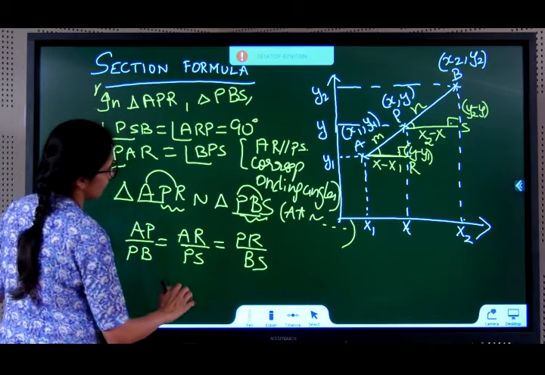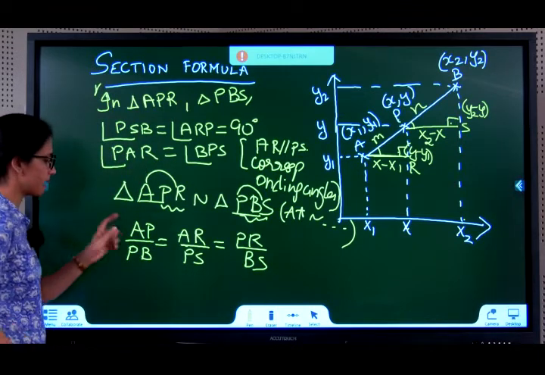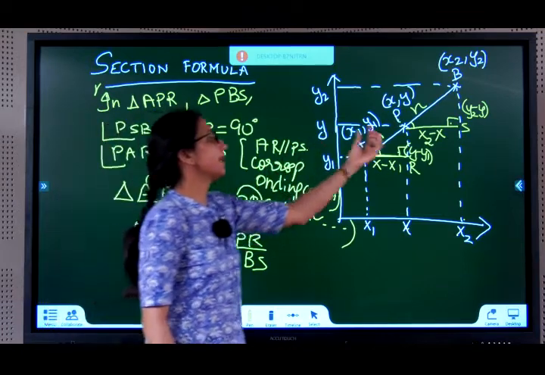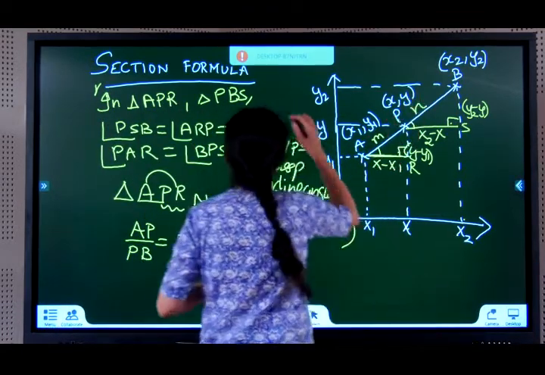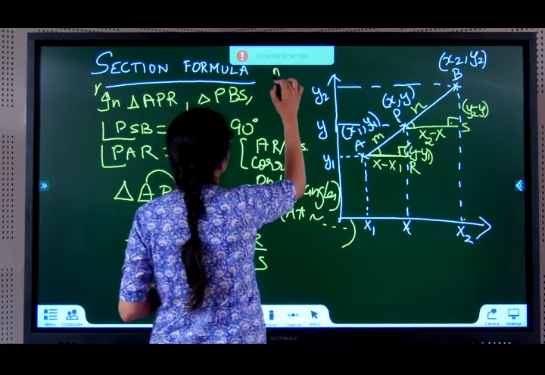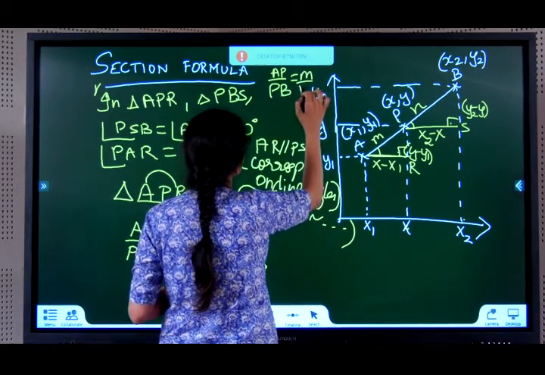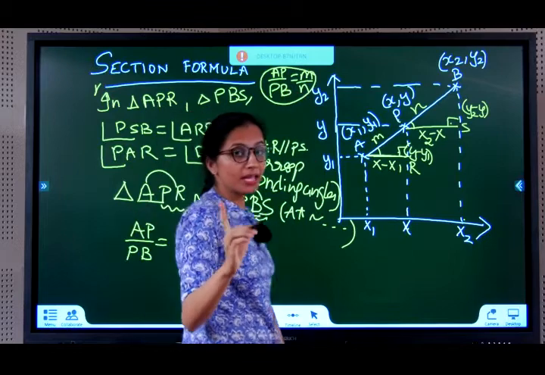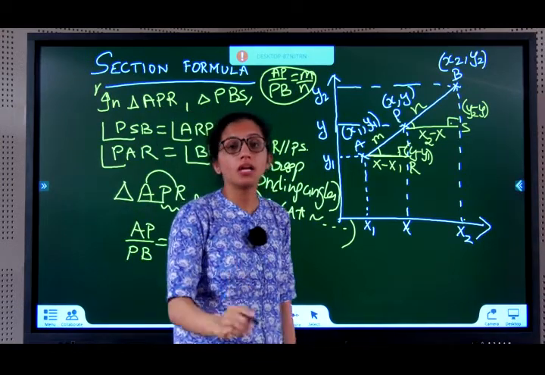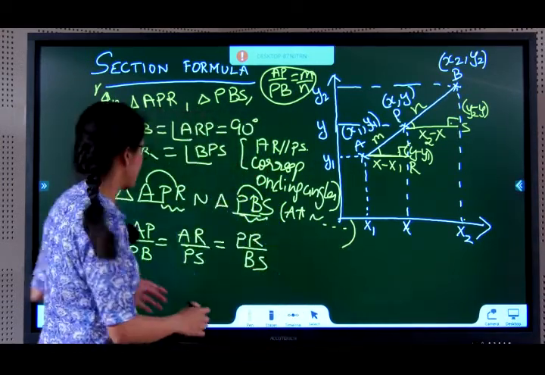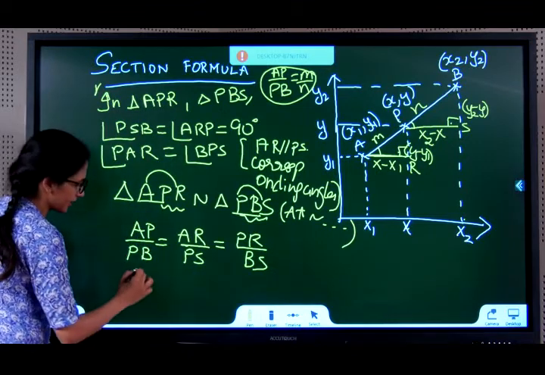Correct? Yes. AP by PB, P divides this in the ratio of m is to n. So we already know in the given condition AP by PB is m is to n, m by n. Is AP m and PB n? No. Their proportion is m by n. So I can replace this with m by n.